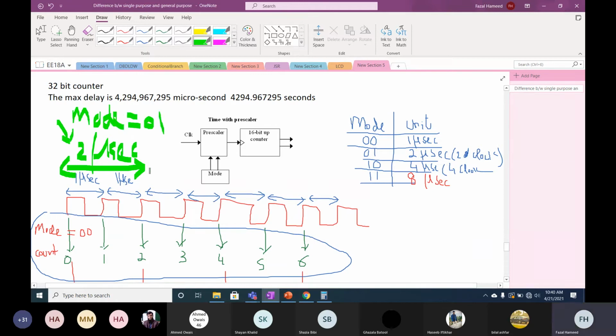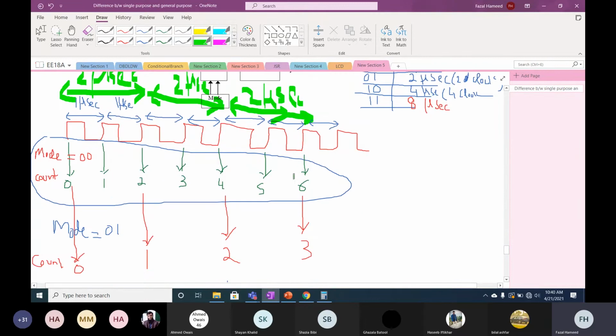So the 2 microsecond is for when the mode is 0 1. Now you are tracking up to here 2 microsecond, and so forth. Similarly, if the mode is 1 0, you are tracking 4 clock cycles, 1 2 3 4, and then again 4.